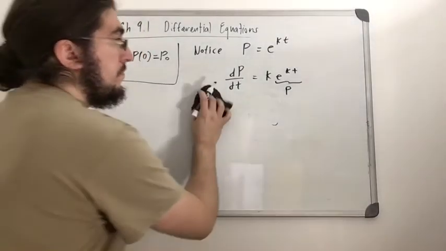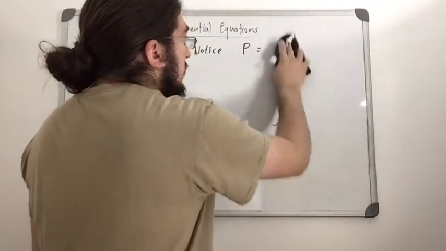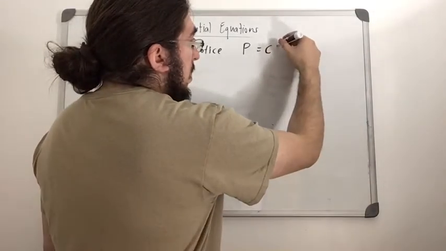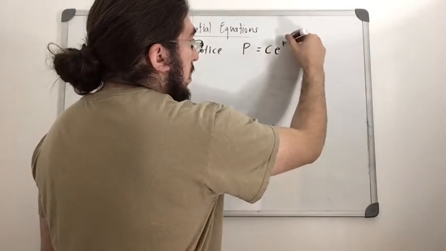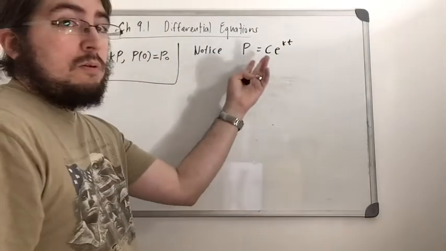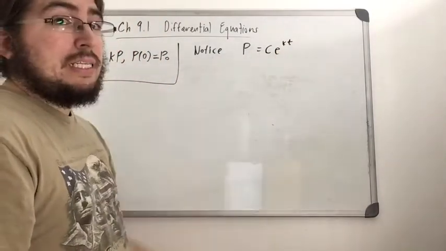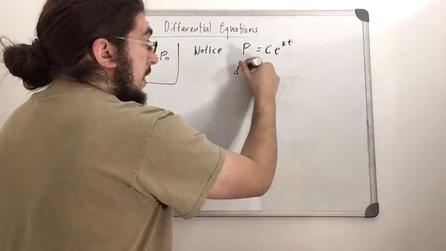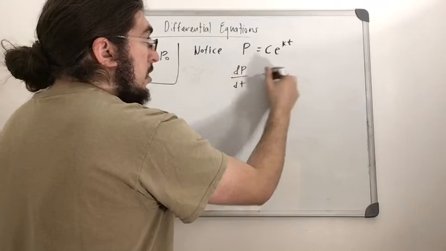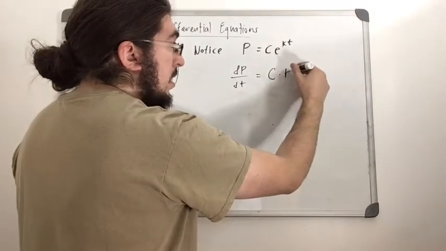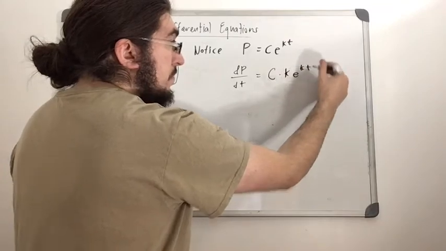Since this is just P, this is equal to kP, which satisfies this. Moreover, if we let P be equal to a constant times e to the kt, well, this works as well. Because dP/dt is now going to be the constant multiplied by the derivative of e to the kt, which is k e to the kt.